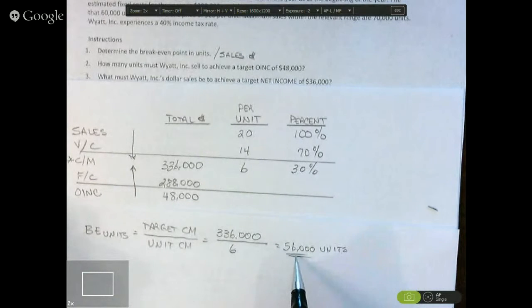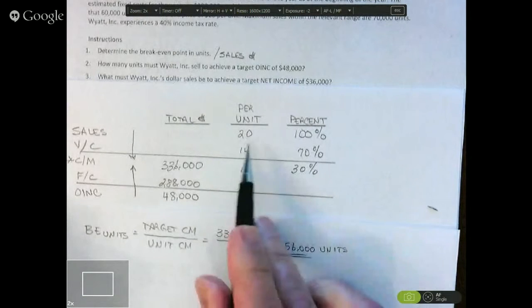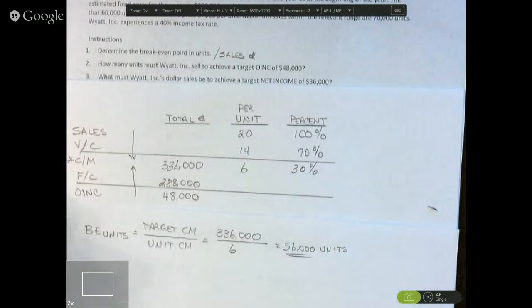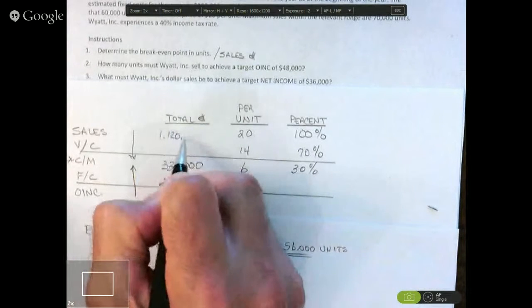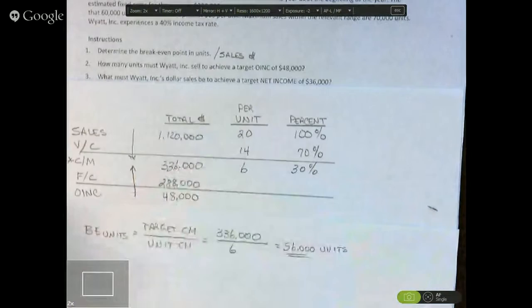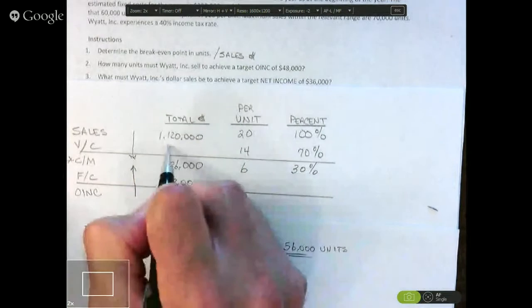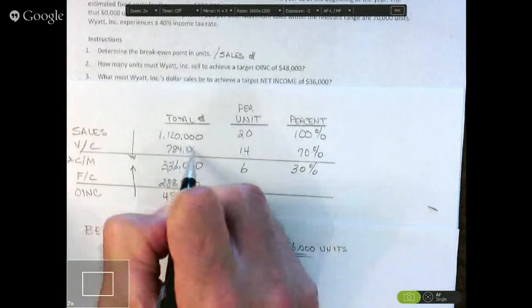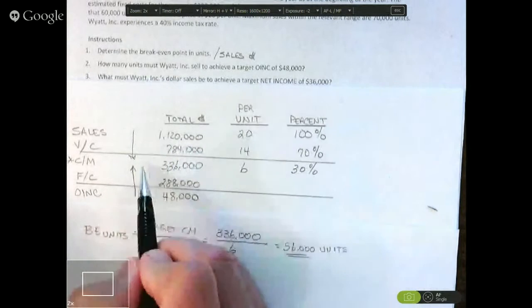56,000 units as the target times $20 per unit means that total dollar sales for this company must be $1,120,000. The variable costs would be $14 per unit times 56,000 units, or $784,000. Now let's check.